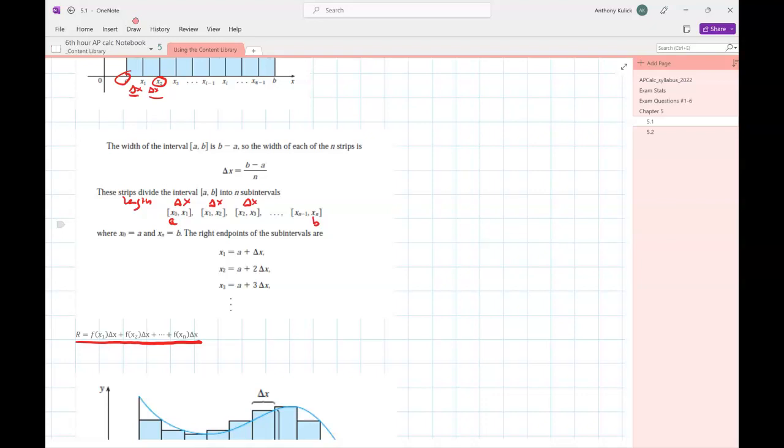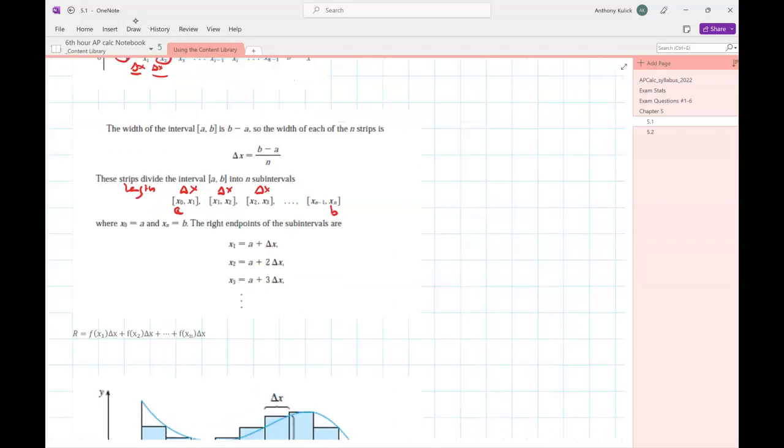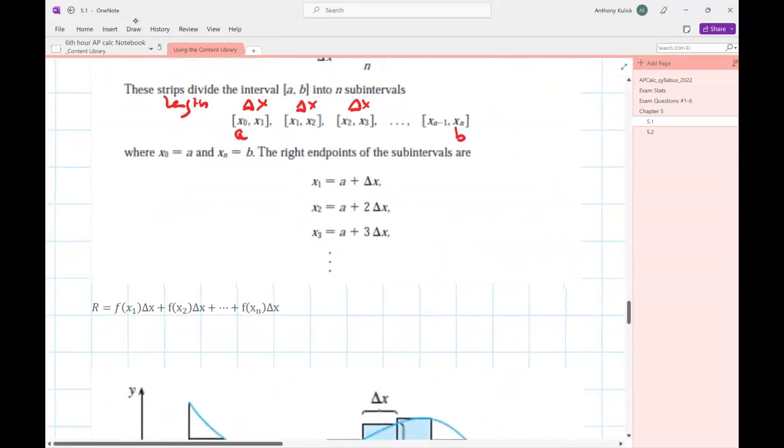All right, so if I calculate, or write out my formula for r, I'm going to have the height times the base, using the same technique as before, where f of x1 is my height and delta x is my base for the first rectangle, and then f of x2 is the height and delta x is the base for the second rectangle.